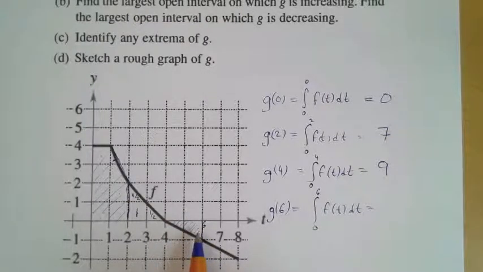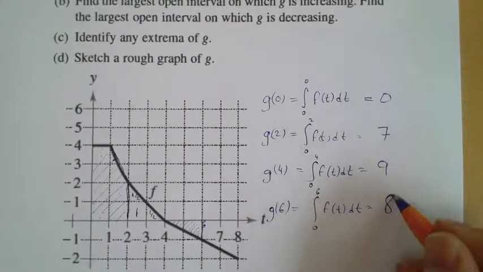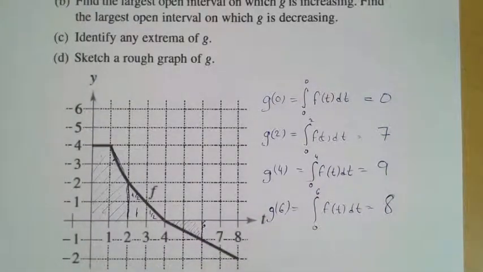It's 1, because we can place this triangle here and it makes a square. If you want to use the formula for a triangle, base times height over 2, you will also find that it's 1, but this has to be subtracted from what we already had because it's below the x-axis.